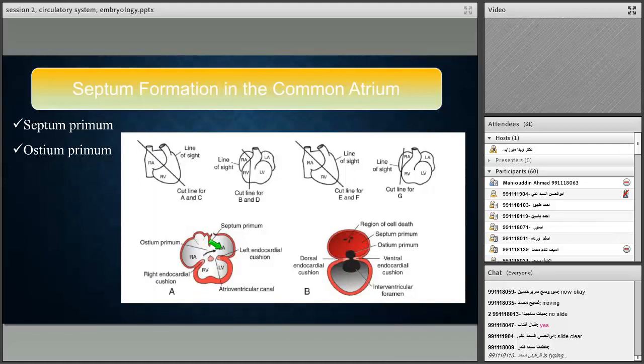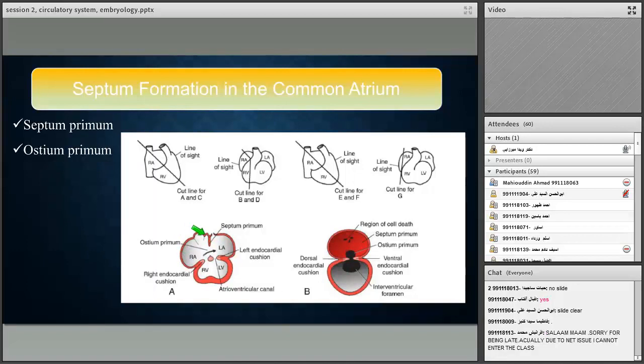At the end of the fourth week, a sickle-shaped crest grows from the roof of the common atrium. Look at this picture, we can see the common atrium, and this is the roof of the common atrium.